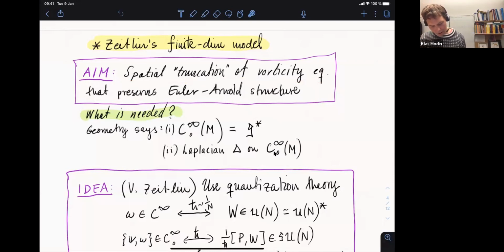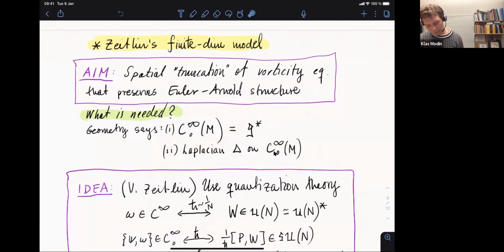So what is needed? Well, what is needed to define this is exactly what you said, right? We need some Lie algebra structure, and we take the dual of that. In this case, for the Euler equation, the Lie algebra structure, you can think of it either as Hamiltonian or symplectic vector fields, or in terms of the Poisson algebra of smooth functions.